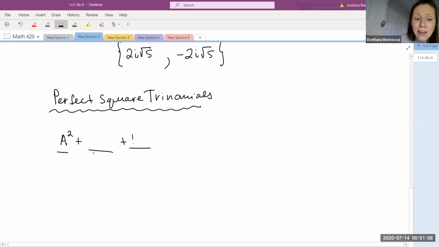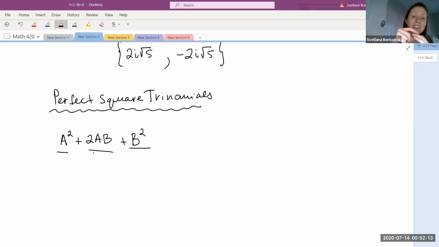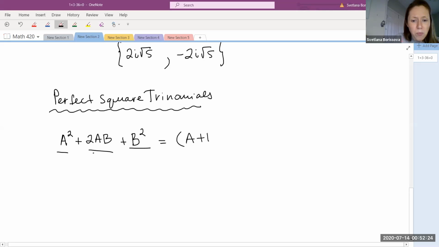Then it has something else squared over here at the end, and in the middle it has 2 times A times B. So in other words, it's like the double product of those things that are being squared on each side. So if an expression has this kind of form, it's called a perfect square trinomial because it can be written as a square of just A plus B.